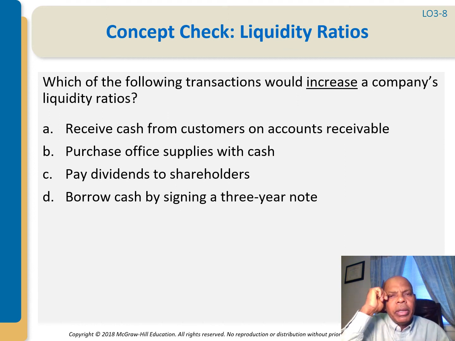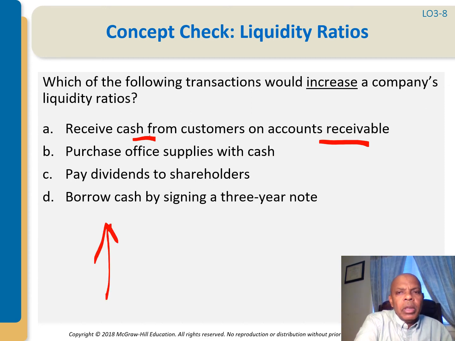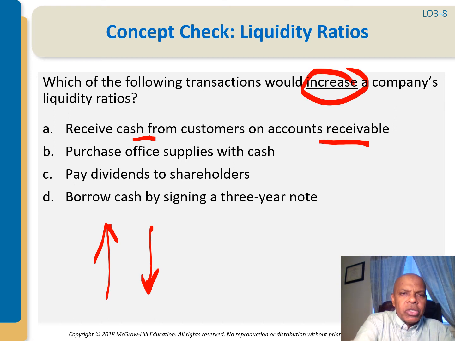Cash is a current asset, and accounts receivable is also a current asset. When you receive cash, cash increases and accounts receivable decreases, so there's no change. The current assets remain the same, so it doesn't increase the liquidity ratio.